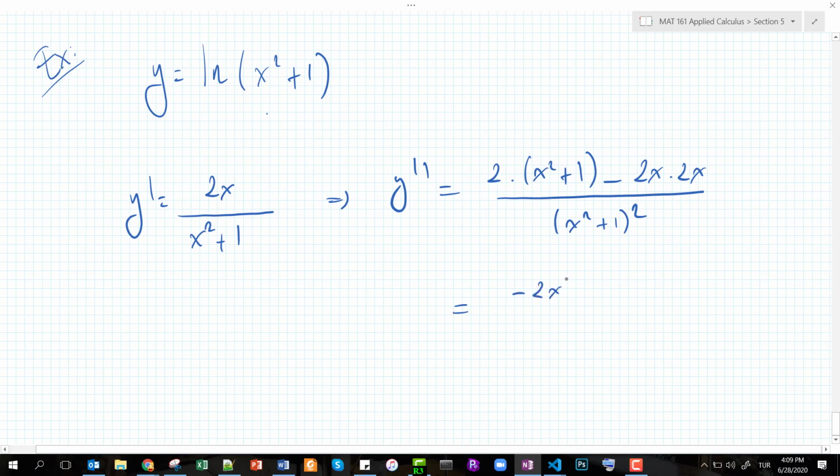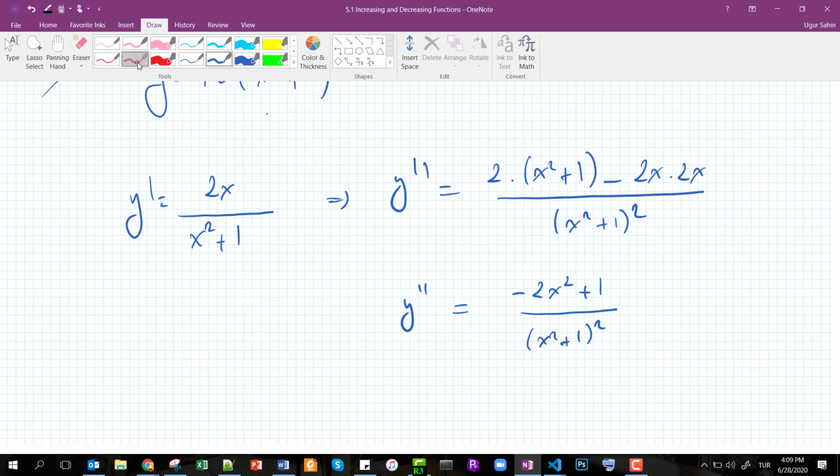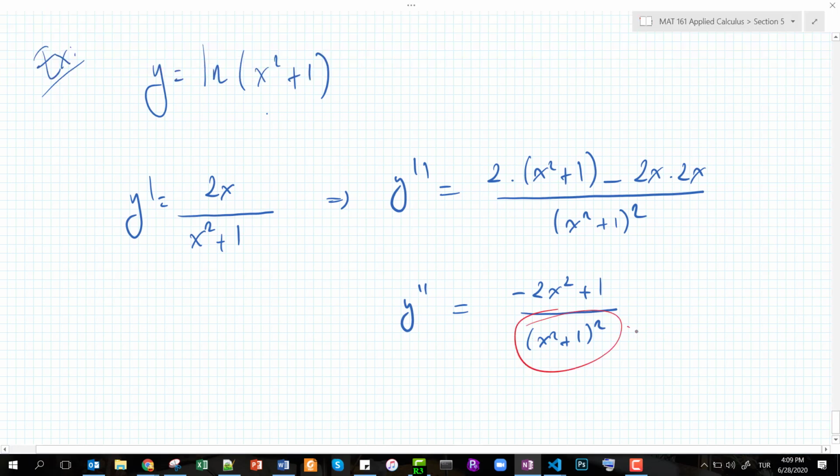4x squared, which is going to be equal to negative 2x squared plus 1, over x squared plus 1 squared. Now I need to check when this expression is going to be less than or bigger than 0. As you see, the bottom part is always bigger than 0, since we have the square.